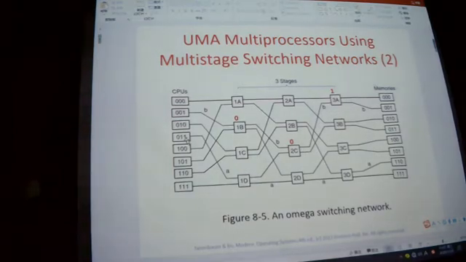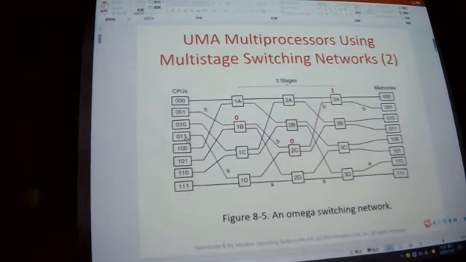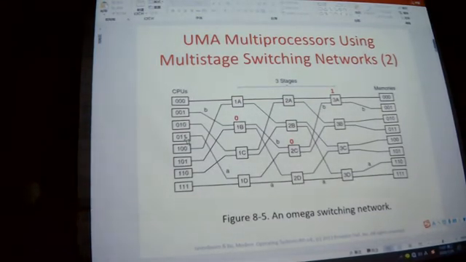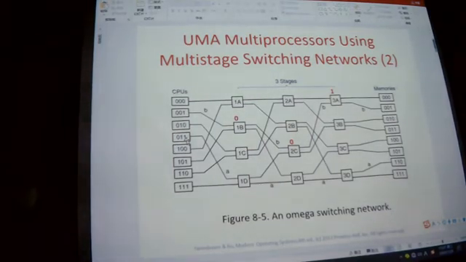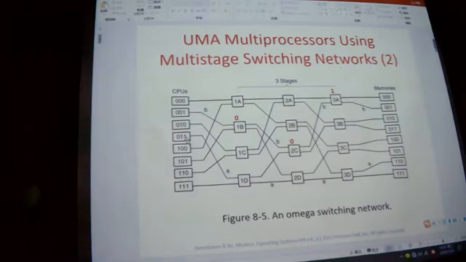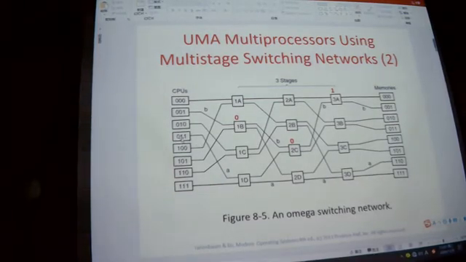Now we are standing here. You want to go to some other place, and you find the path according to the destination, not where you start. So the signal is 1, 1, 0, not 0, 1, 1.